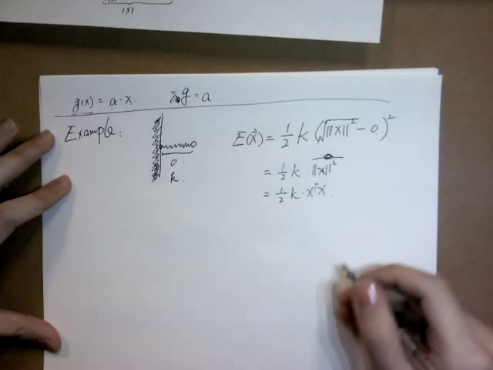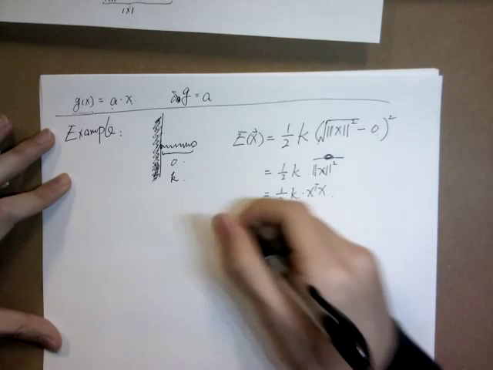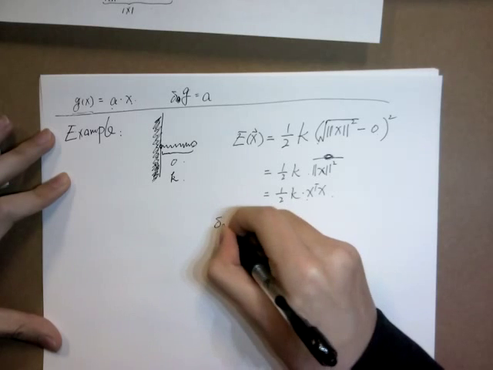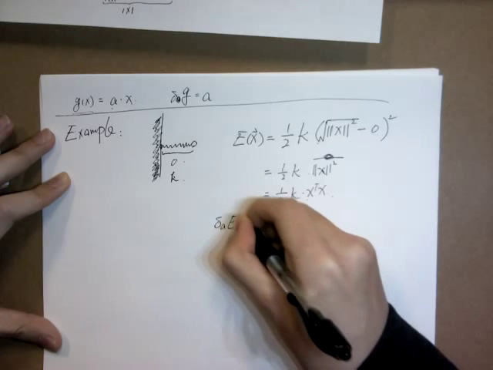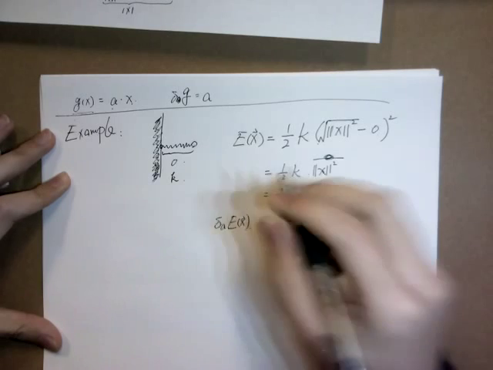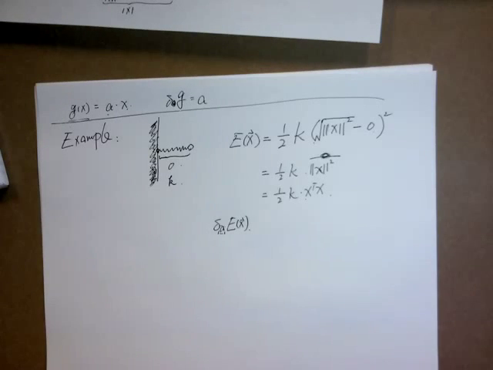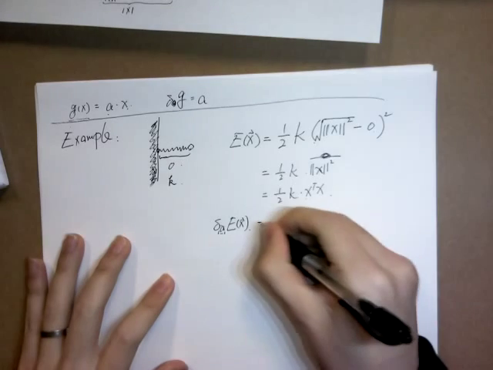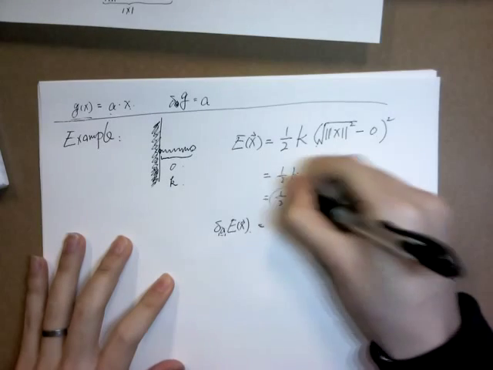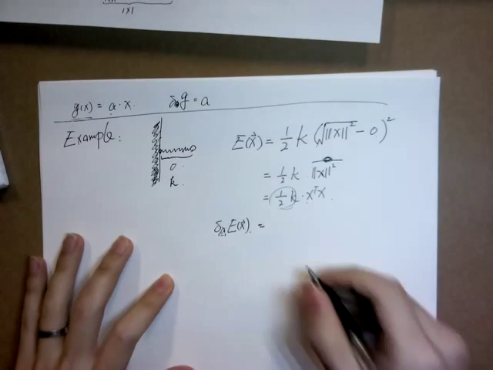So I want to get the first order total derivative of E(x) near a point a. Because we have the factor rule, this constant can come out of the function.